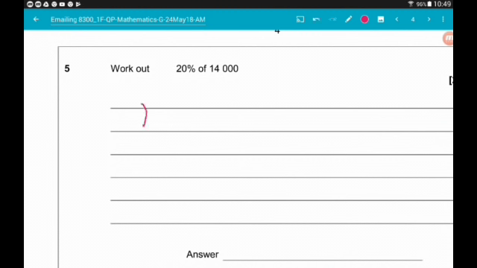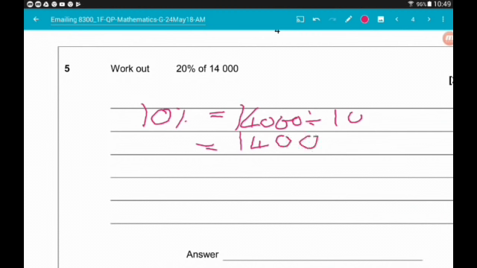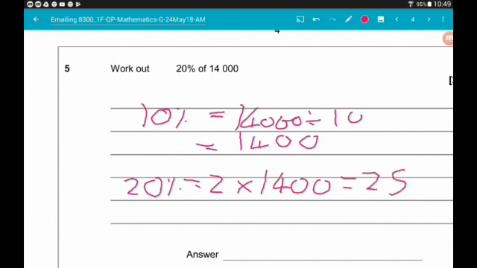So 10% is 14,000 divided by 10, which gives us 1,400. 20% is 2 lots of 10%, so 20% is 2 times 1,400, which is 2,800. Cool.